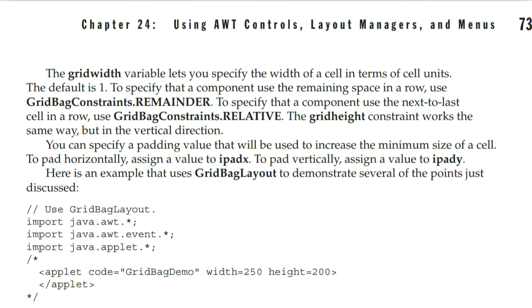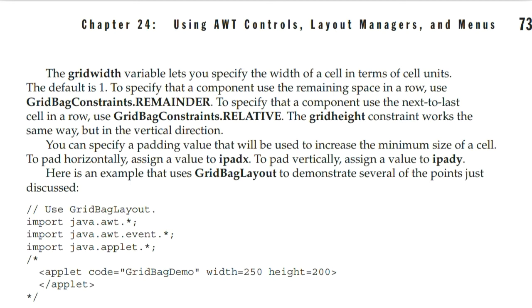The gridwidth variable lets you specify the width of a cell in terms of cell units. The default is 1. To specify that a component use the remaining space in a row, use GridBagConstraints.REMAINDER. To specify that a component use the next to last cell in a row, use GridBagConstraints.RELATIVE. The gridheight constraint works the same way but in the vertical direction.